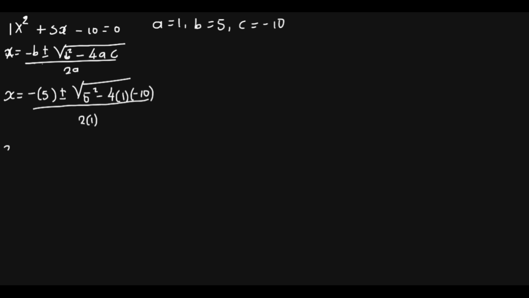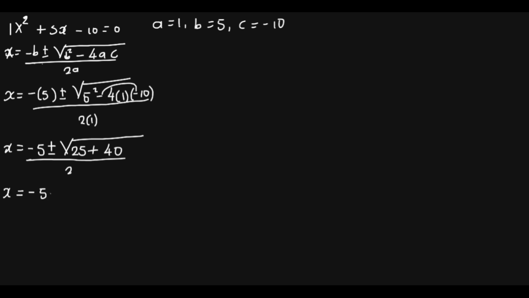2. So negative times 5, we get negative 5 plus or minus 5 squared is 25. Now here we can see that we have 2 negatives, so this will give us positive. 4 times 1 is 4, times 10, that is 40, over 2 times 1 is 2.